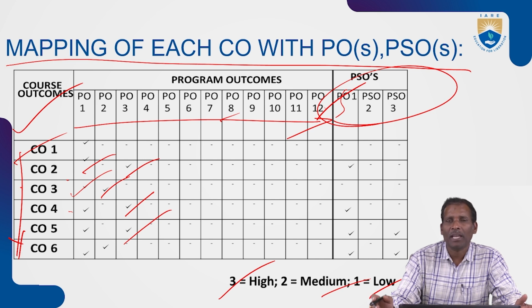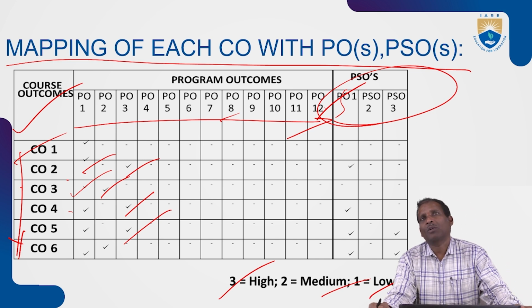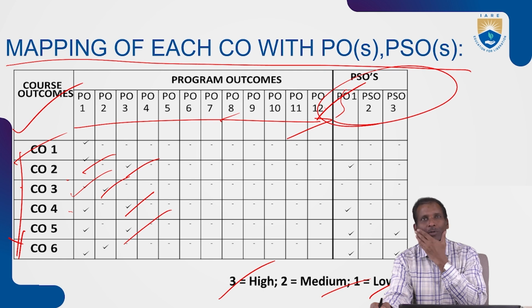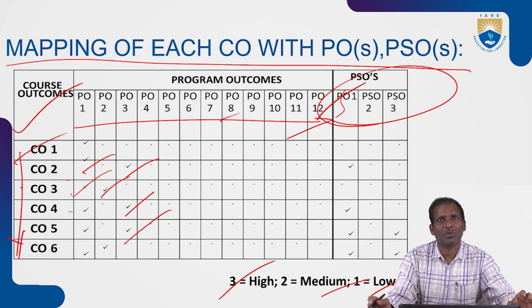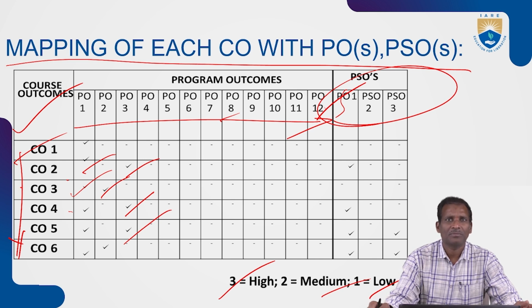So like this, that is how to map the course outcomes with program outcomes and PSOs. Finally, we will calculate the outcome of this course. This is course-wise. Like this, course-wise, the department will segregate and finally analyze and give the result about their outcome achievement, whether the students achieved or not.